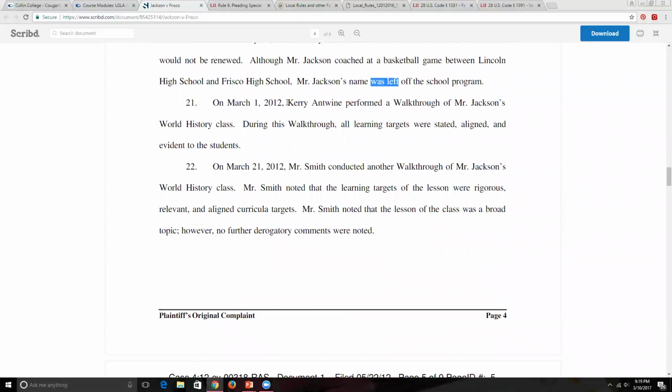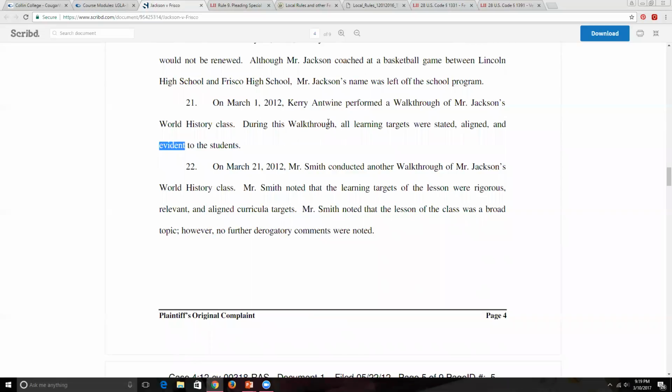On March 1, 2012, Carrie Antwine performed a walkthrough of Mr. Jackson's world history class. During this walkthrough, all learning targets were stated, aligned, and evident to the students. Okay, we don't have parallel structure here because this is passive voice. This is passive voice, but this is an adjective here as opposed to a past participle.